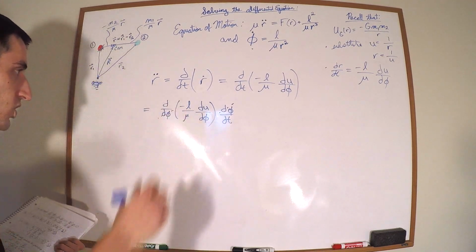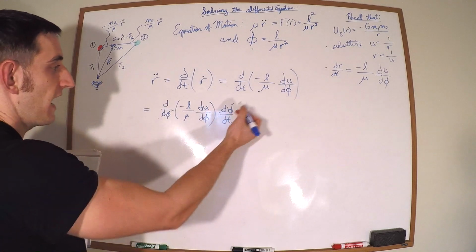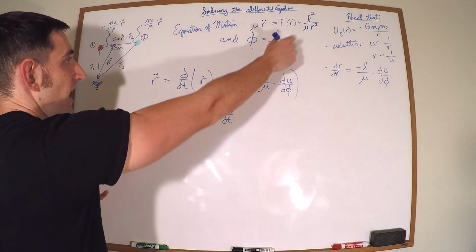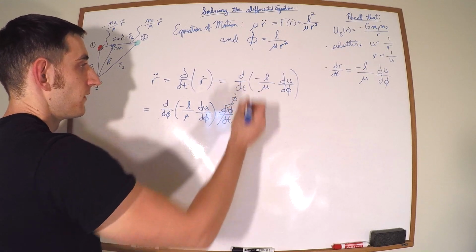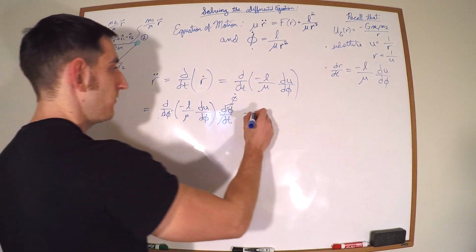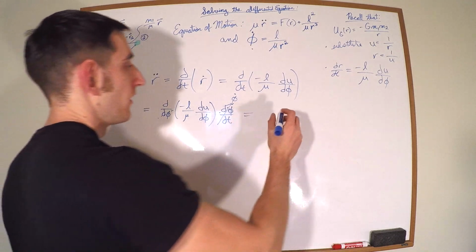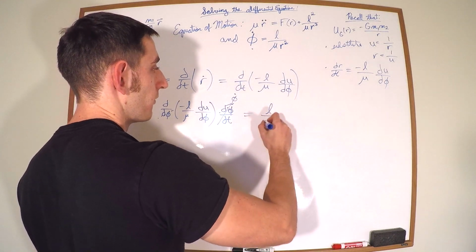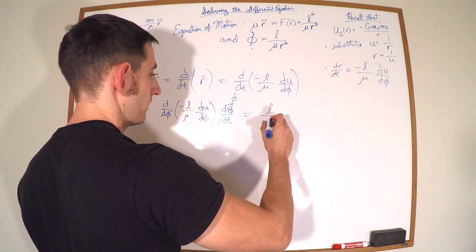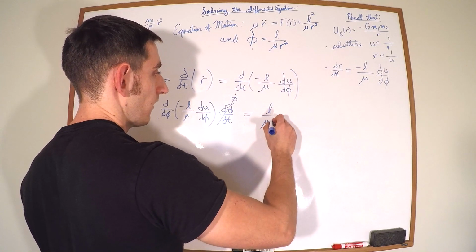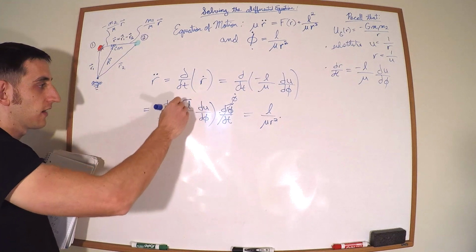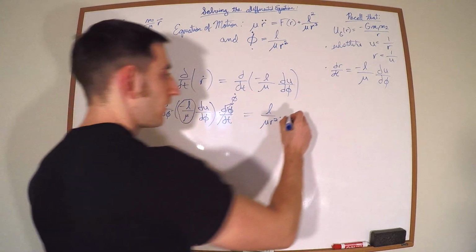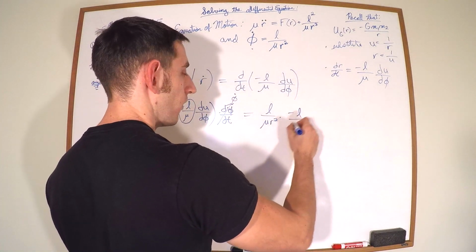But what we want to do is we want to say, okay, phi dot is this guy, so we can plug that in. This is basically phi dot. And when we do that, we end up with L over mu r squared times, we could pull out this constant here, negative L over mu.